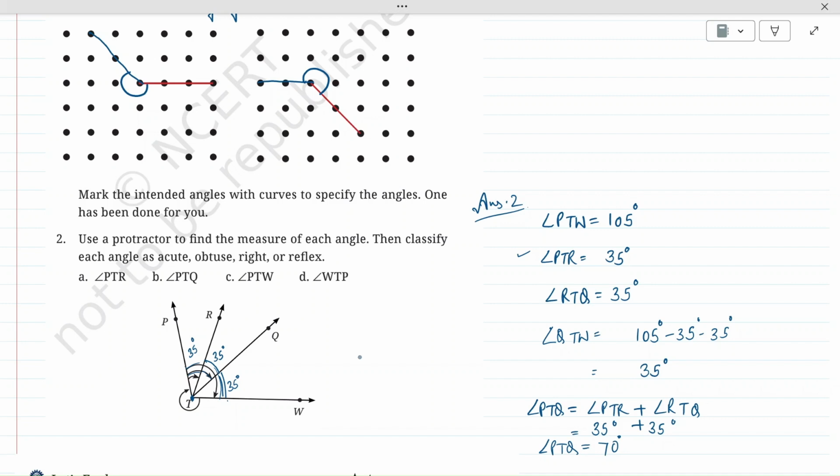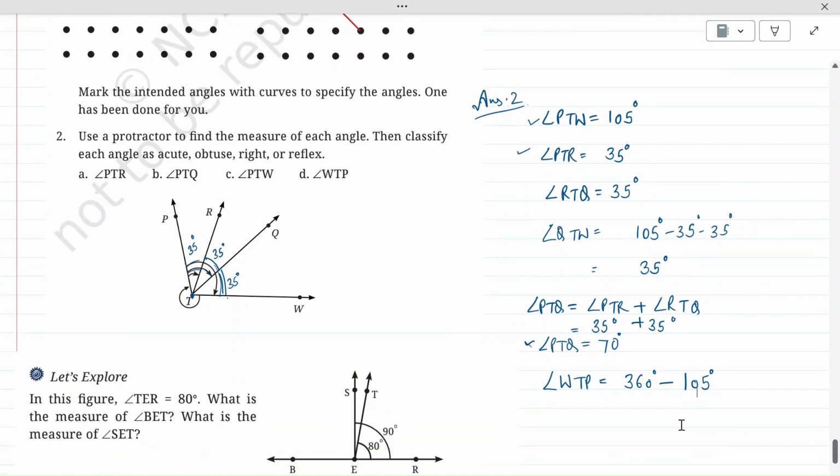Next we have PTW, which we have done. PTQ we have done, and last is WTP. So kids, if you see here, what is WTP? WTP is this complete angle. So that means if from the total circle of 360 degrees I subtract this angle, the remaining will be angle WTP. So 360 minus 105.